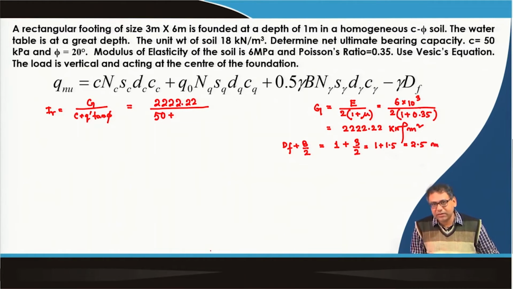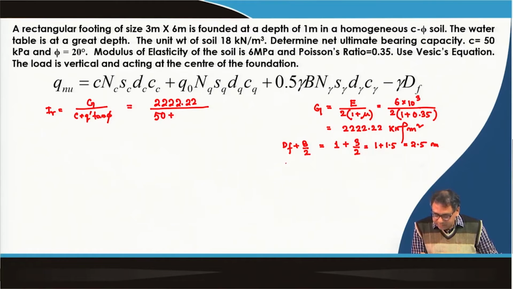As the water table is not present, total pressure and effective pressure are both the same, so I can calculate directly with total pressure. But if the water table is present, then you have to calculate the effective overburden pressure, remember that.